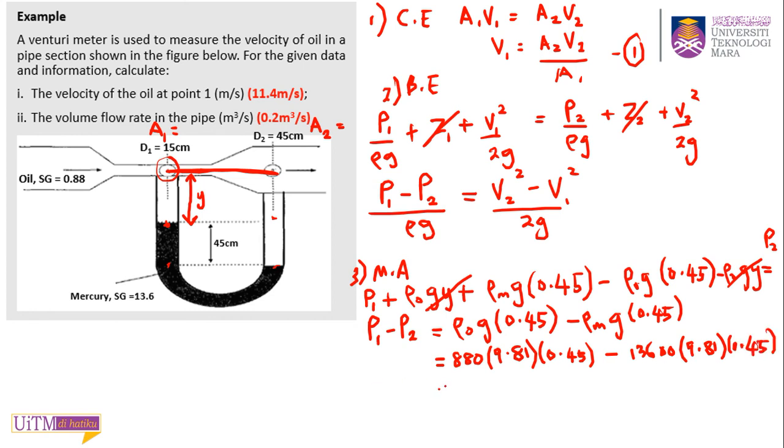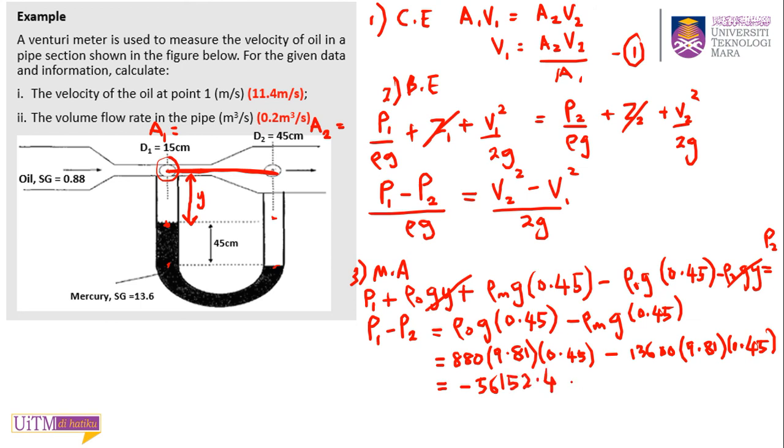Okay, what's the answer for this? P1 minus P2. How much did you get? Negative 56,152.4.